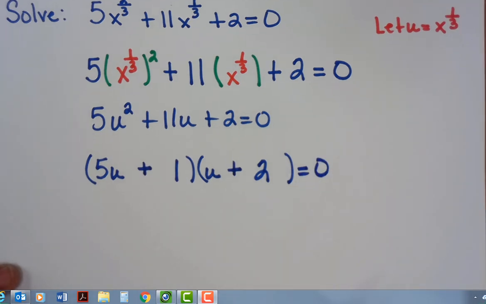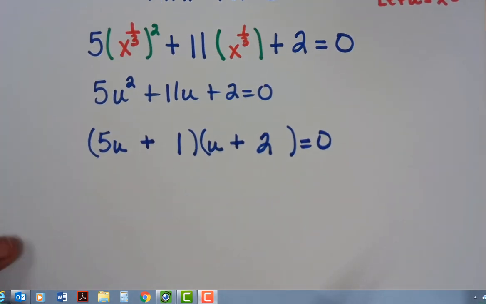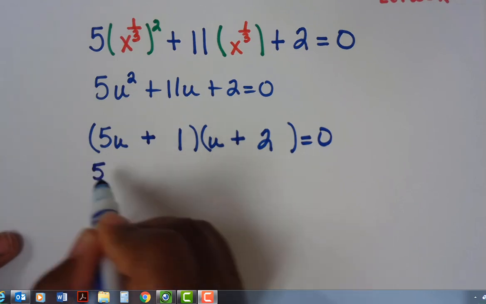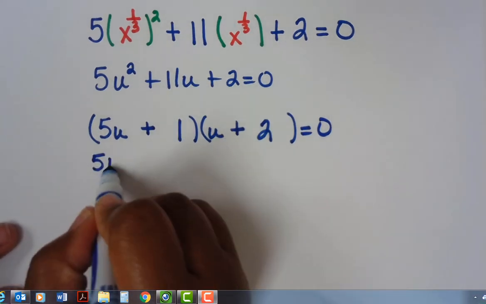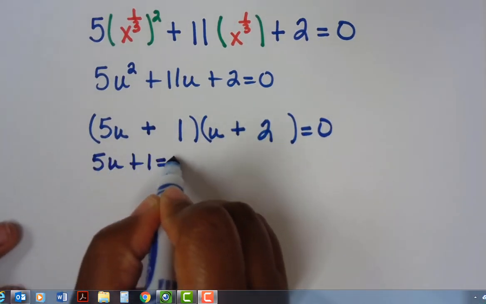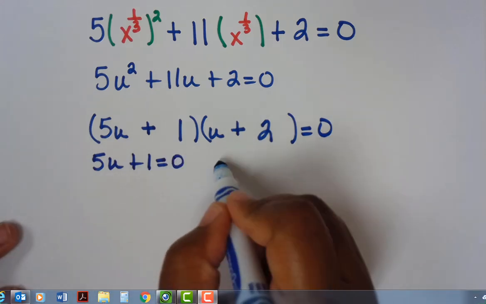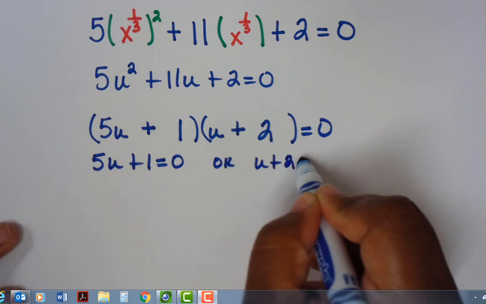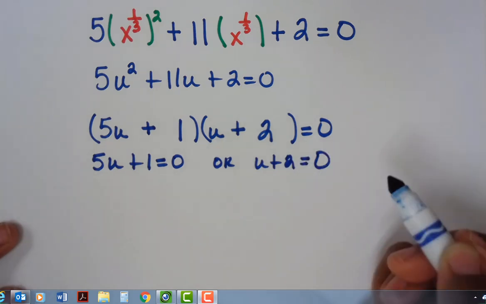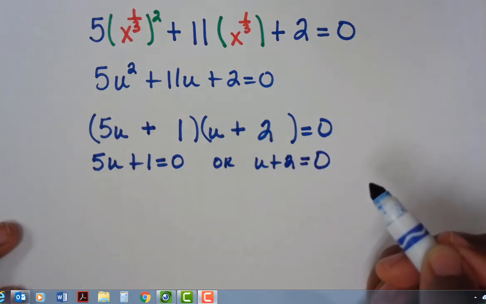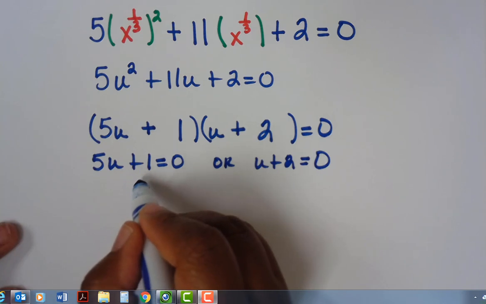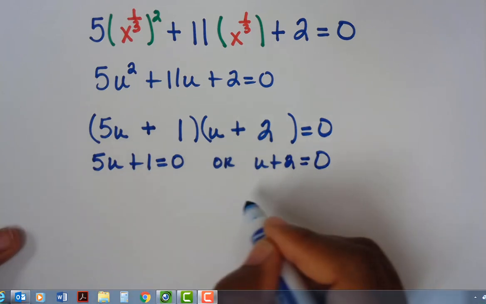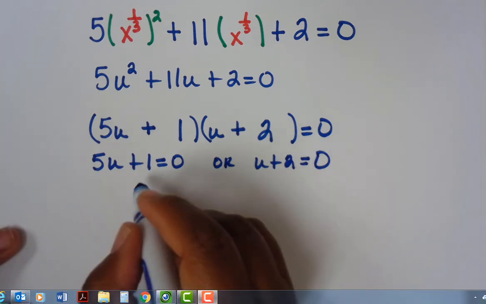Then we're going to solve for u, meaning we're going to set each factor equal to 0, and then solve each equation. So I'll let you solve that, but I'm just going to go ahead and write the answer.